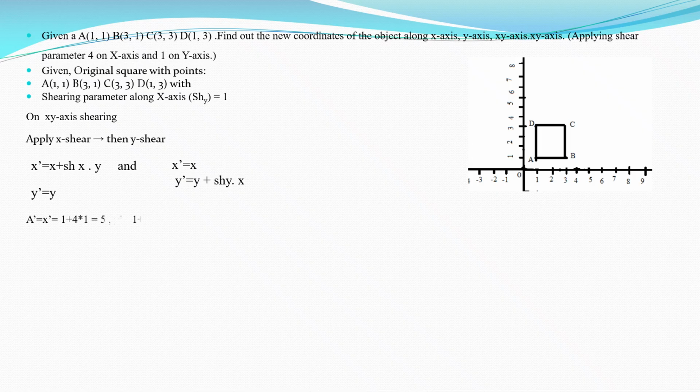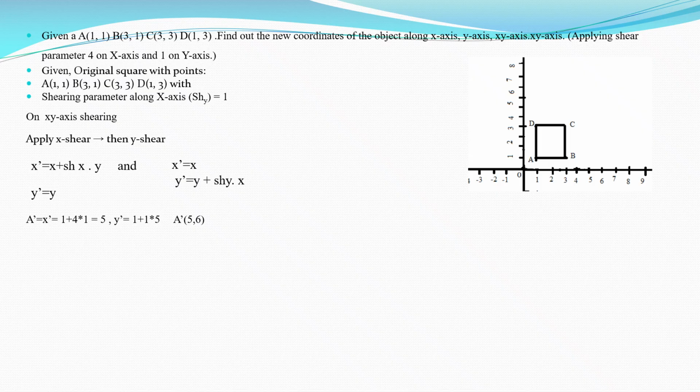Okay, so first we calculate A dash. How do we do it? First apply on the x-axis: we got the x value as 5, and y is the same as 1.